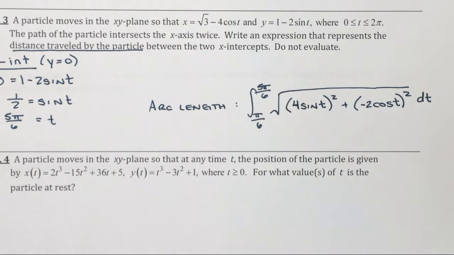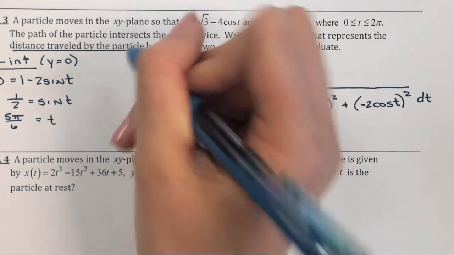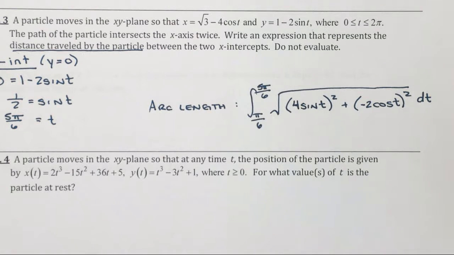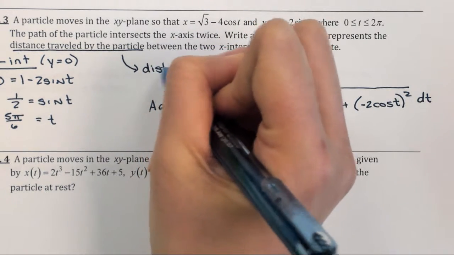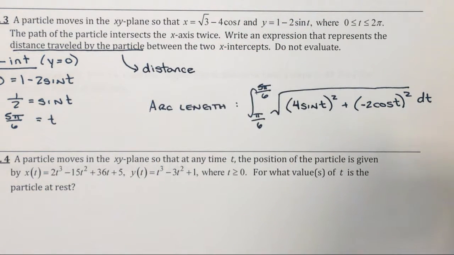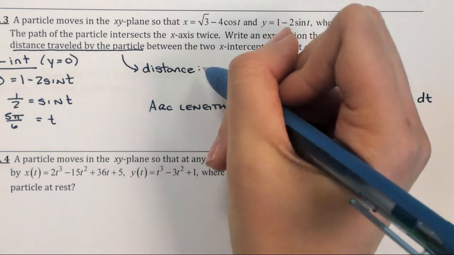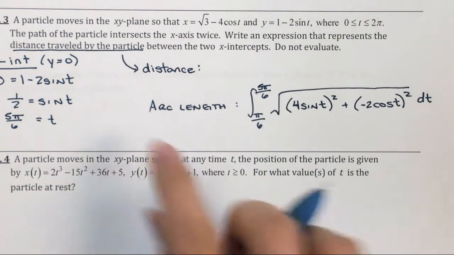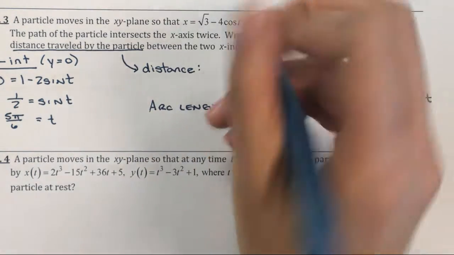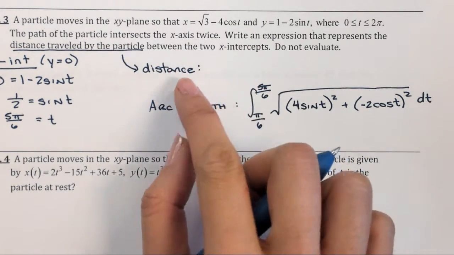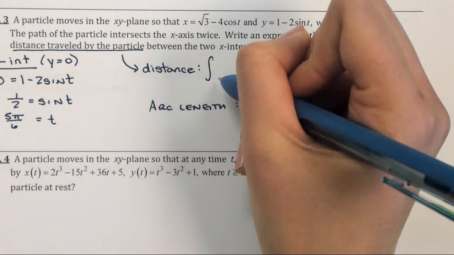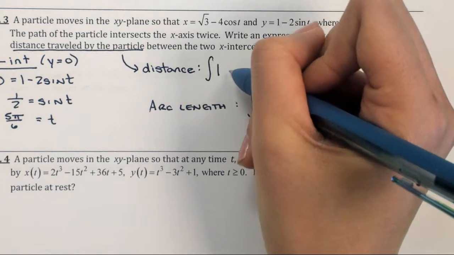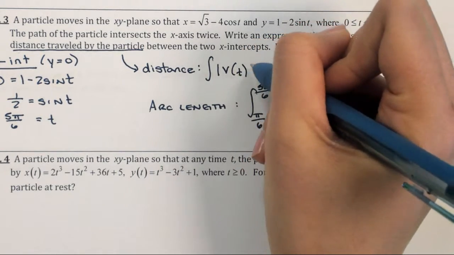You can also think about distance traveled in non-parametric form, like the distance formula if you're only given one directional movement. It's the integral of the absolute value of velocity, right?